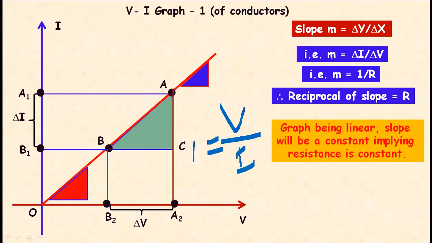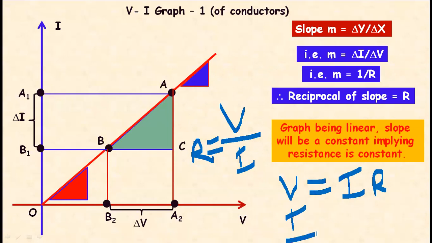So since R is a constant, V by I is a constant. Since V by I is a constant, V is equal to I into constant. If I remove the constant, then the equal sign will change to a proportional sign. So I should write I is proportional to V rather than V is proportional to I, because I is dependent on V.